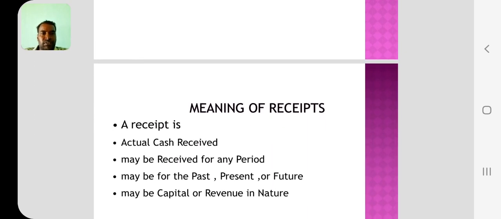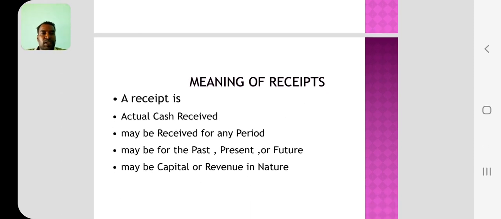Meaning of receipts. Receipts means getting money from outside. A receipt is actual cash, how much cash may be received for any period. Any period means it may belong to the current year, past year or future year, whatever it may be, whether it is income or not. That point should be remembered.